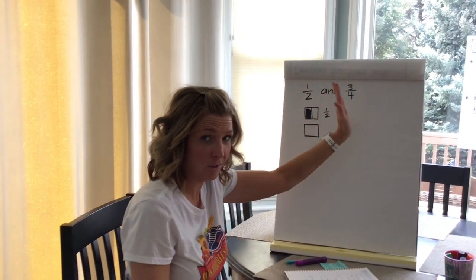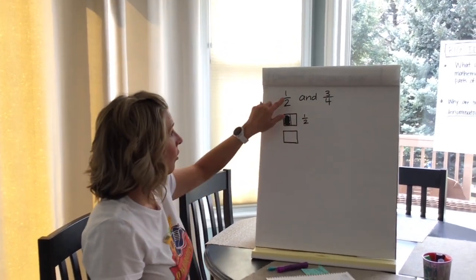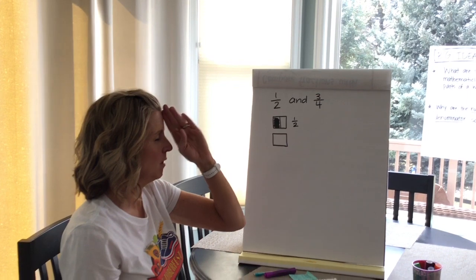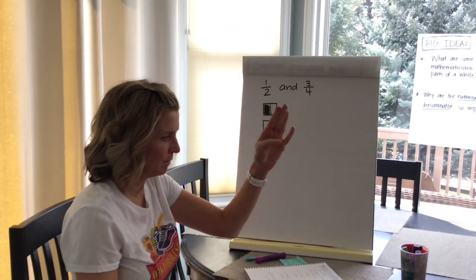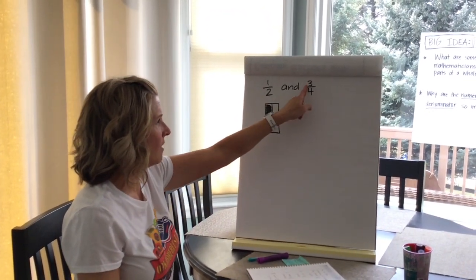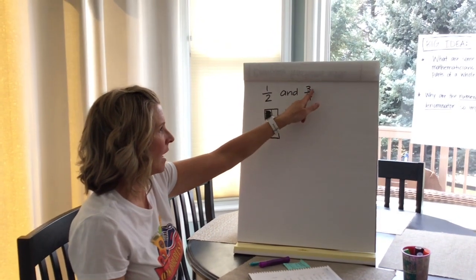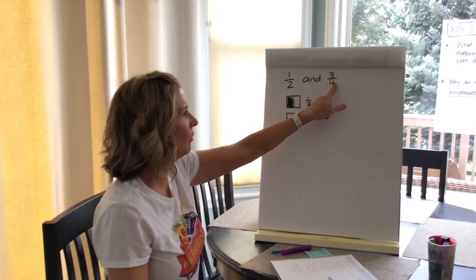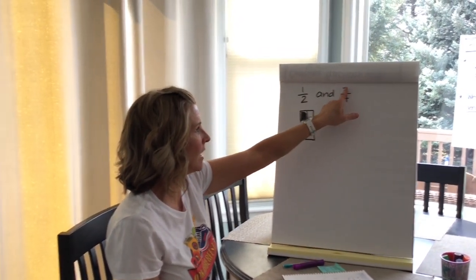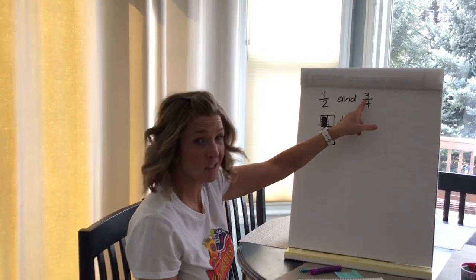It's really getting close to that 1 whole. 1/2, I have so much schema about 1/2. I know that's dead center in the middle of the number line, and that 3/4 is bigger than that, because 2/4, remember what we've talked about, is the same as 1/2. So I'm already thinking this one's greater.